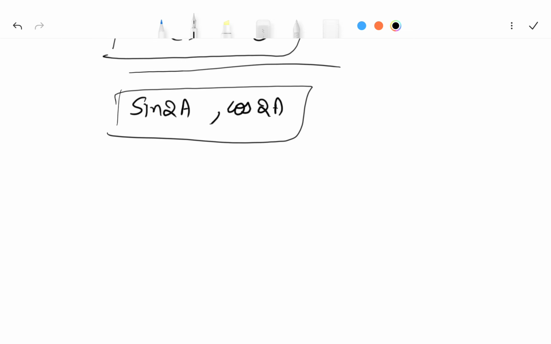Now I will derive these formulas. What is sin A plus B?